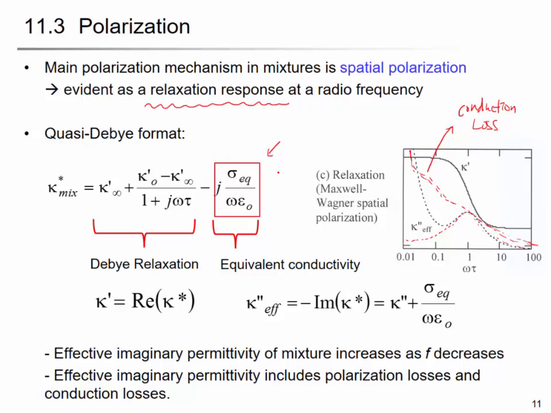And if you combine these two, this is the pure imaginary permittivity, and if you combine this kappa double prime plus the conduction loss part, then you have this, the black dotted line. So you can see that the effective imaginary permittivity increases as the frequency decreases, because the conduction loss prevails.